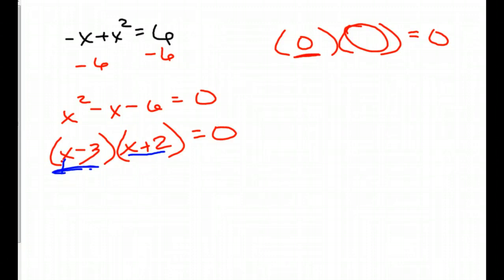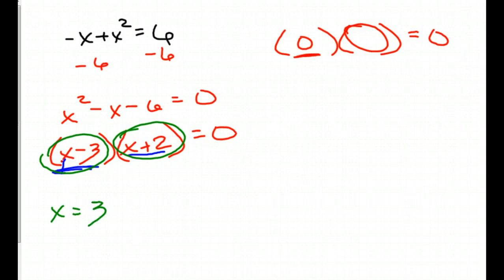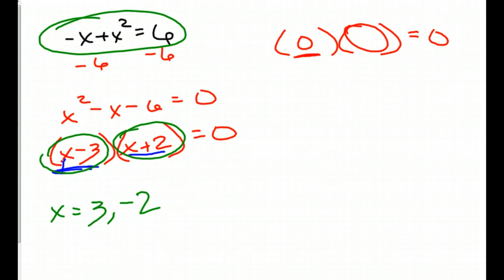I know. Our key here is to find what is going to make either one of these 0. Not both of them, one or the other 0. So x can be a positive 3 because that'll make this one 0, or a negative 2 because it'll make that one 0. Now if we go back to our original problem and you plug those numbers in, you will get 6.